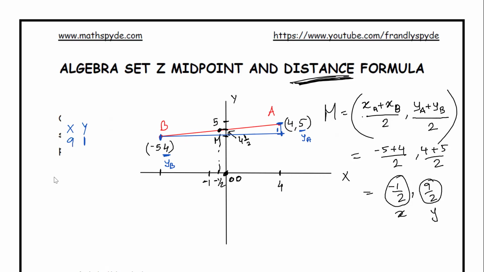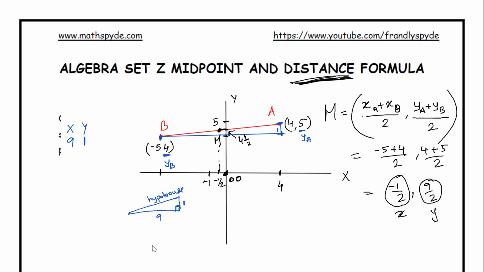If I were to draw a neat right triangle out here, this is my hypotenuse, and my legs are 1 and 9.